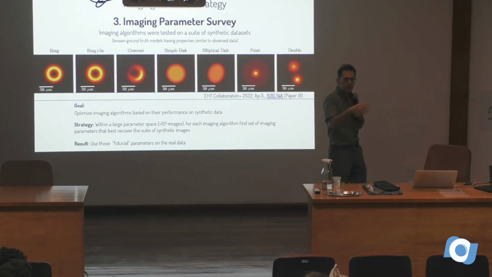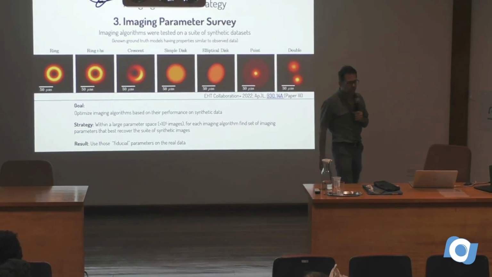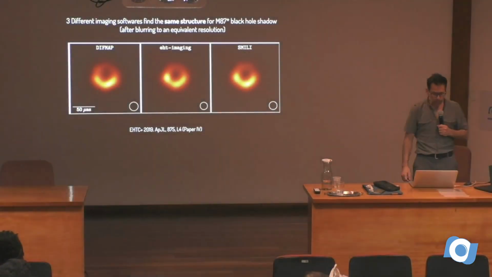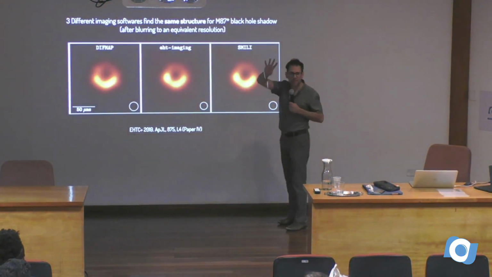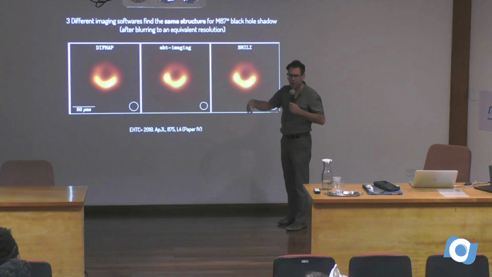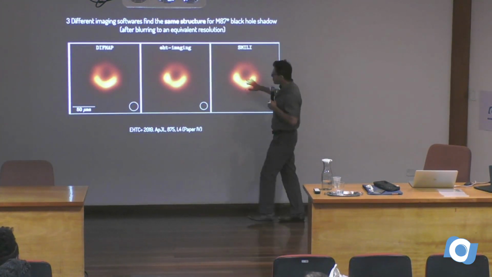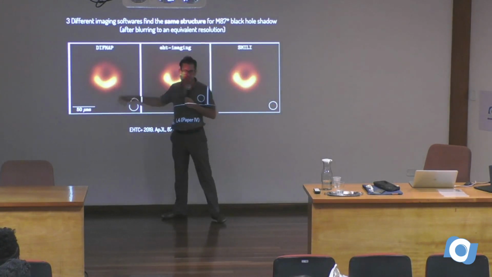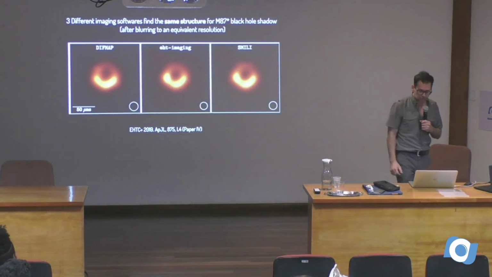So we chose those fiducial parameters that would allow us to recover the ground truth images. Doing that, we obtained these 3 images. For M87, we had 3 algorithms. Initially, I showed 4. The 4th one we built later for Sgr A*. And as you can see, the 3 algorithms find more or less the same image, which was very reassuring.